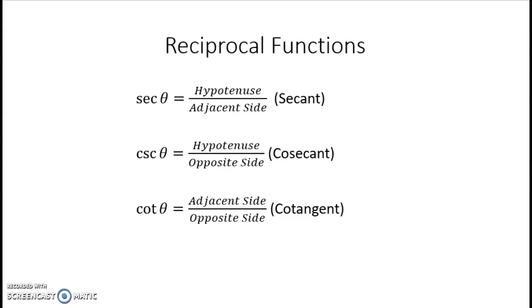If I take the secant and flip it to adjacent over hypotenuse, that would actually be cosine. If I flip cosecant, opposite over hypotenuse, that's sine. If I flip cotangent to opposite over adjacent, that's tangent.